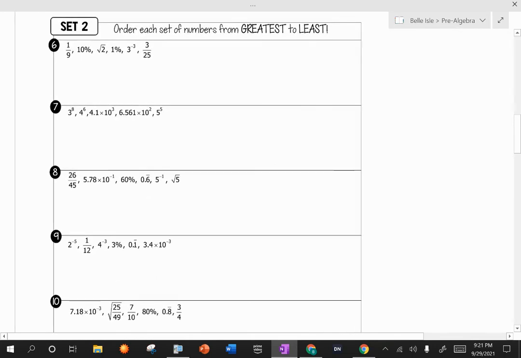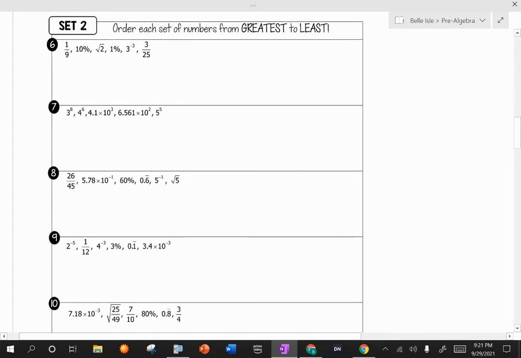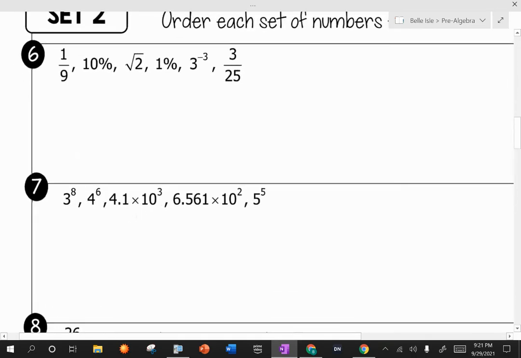So after you've checked 3, 4, and 5, doing the same thing right here. We're just ordering them from greatest to least. Okay, so I'll go through the first couple with you.